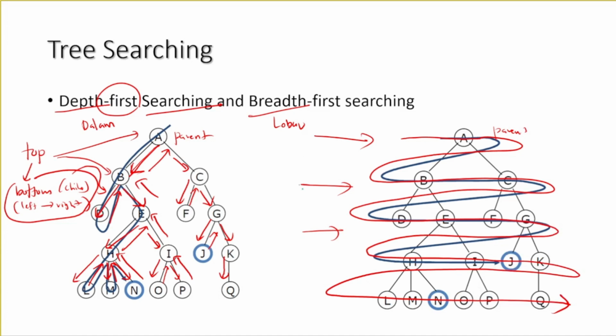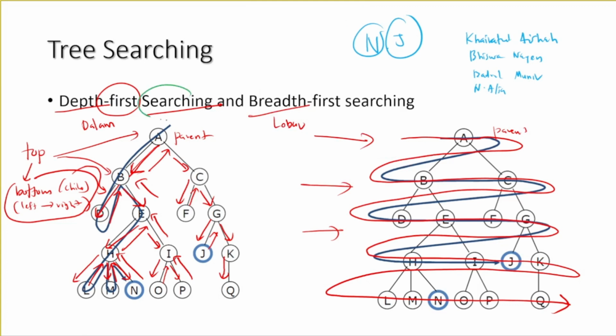So, but here, say that you are given a question over here. So say that we want to try to find N and J. Which one is met first by the depth first searching, and which one is met first by breadth first searching? Can you do it in 5 minutes or 7 minutes from now? Which one of the searching strategies reaches N and J first? Then you can compare. For example, here, straight to the point, the answer would be like this.